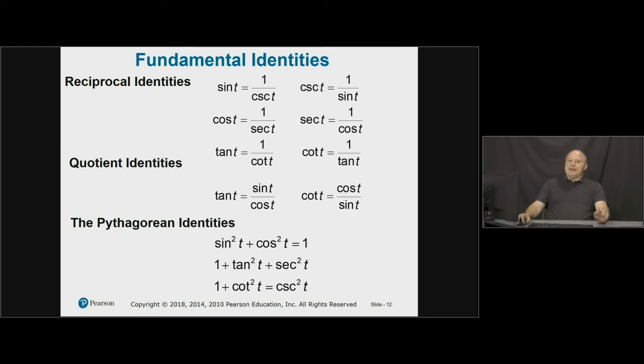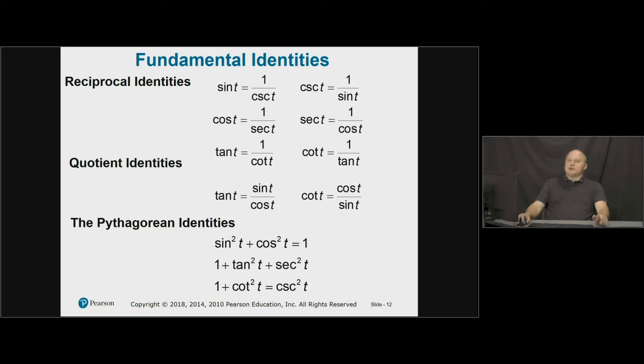Now the remaining two are just an observation of the first one. See what I mean? 1 plus tangent squared equals secant squared. If you take sine squared plus cosine squared equals 1 and then divide everything by cosine squared, then you'll get sine squared over cosine squared, which is tangent squared.